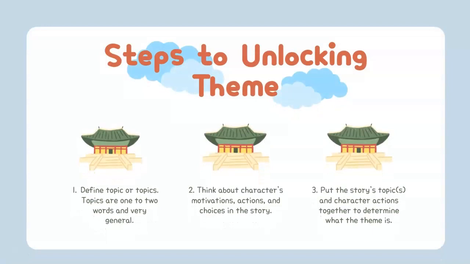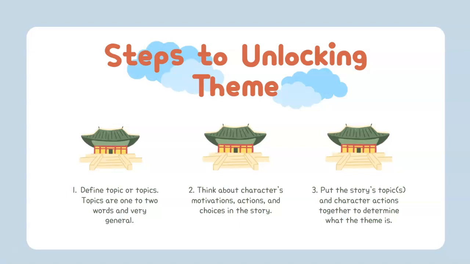Alright, so let's talk about some steps to unlocking theme. This is also covered in your Lesson 1.03 lesson, but it is an important strategy not only for this lesson, but for your whole career or academic journey in English class. Number one, define the topic or topics. Topics are one to two words and very general.